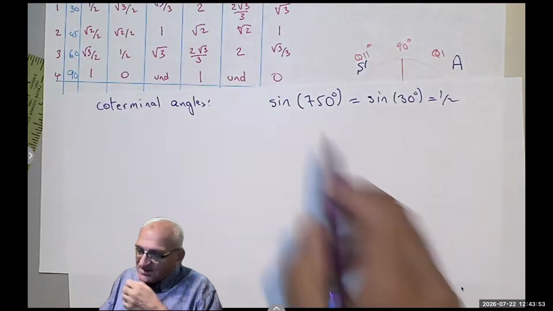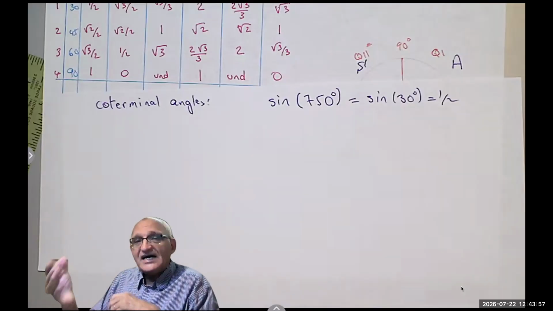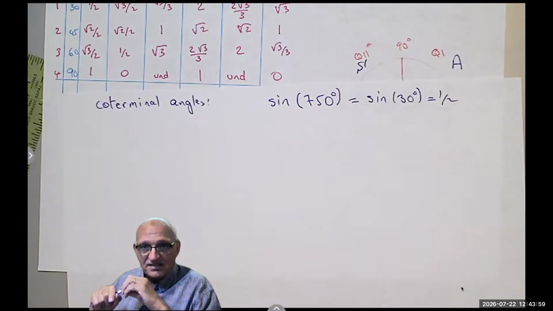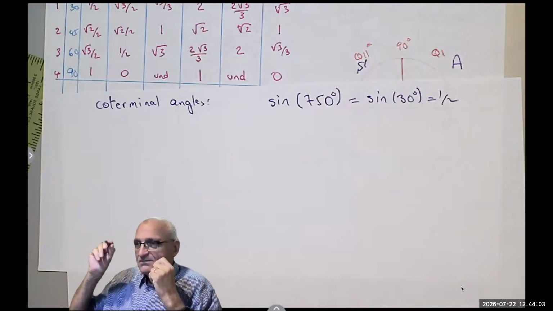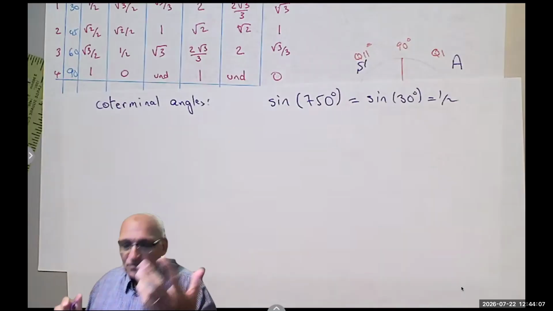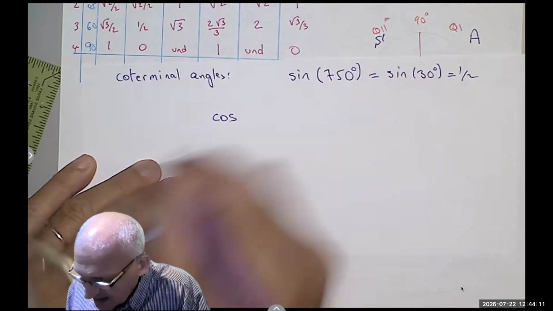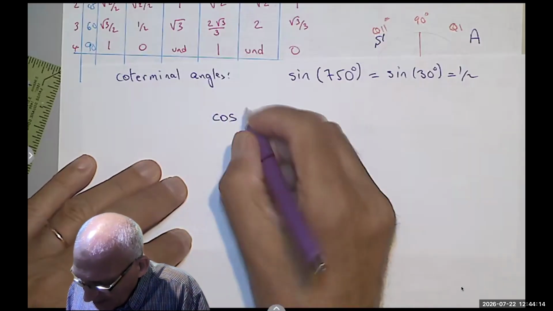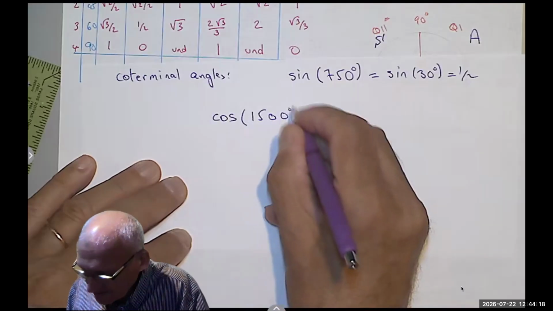So if this number is positive, greater than 360, you can divide that number by 360, and you get, for example, 3 point something. So you subtract 3 times 360. What I mean is the following. Suppose I say, what is cosine of 1500 degrees?